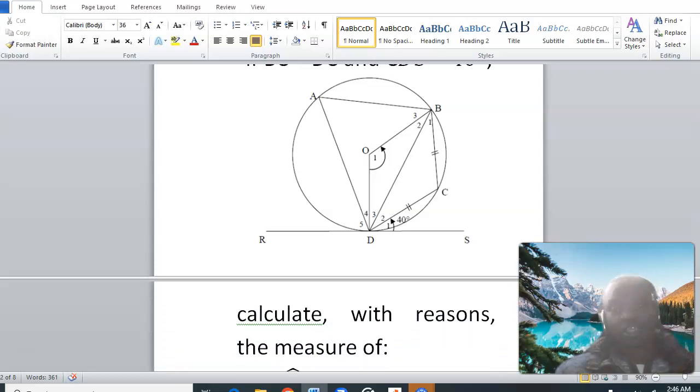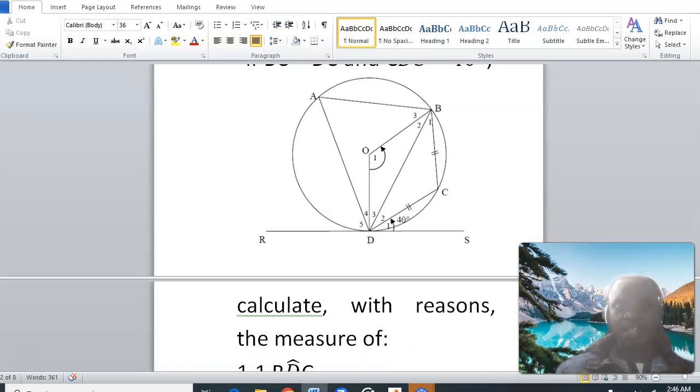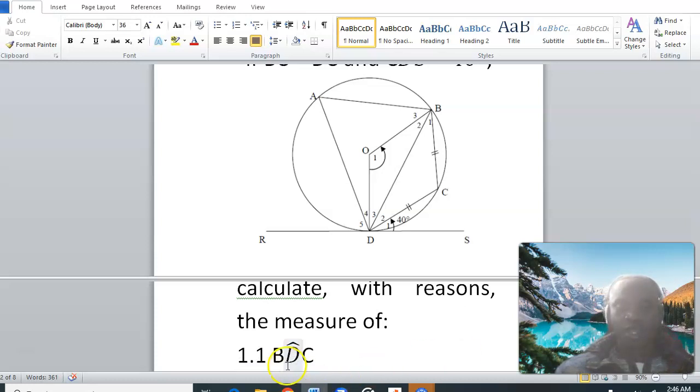So it means you have to give reason the measure of angle BDC. They want us to find this angle BDC, in other words, D2. How do you find D2?